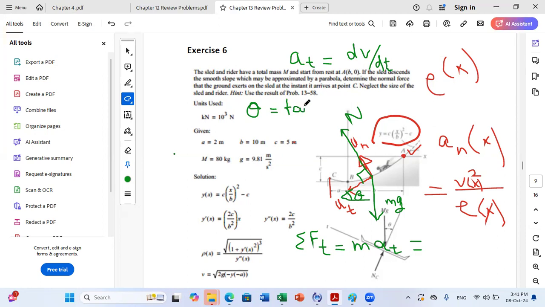So we can find the angle theta. Now, if we look at our figure, the weight makes with ut an angle of 90 minus theta. So we do sine theta or cosine of 90 minus theta. So when we project, we just have mg sine theta.